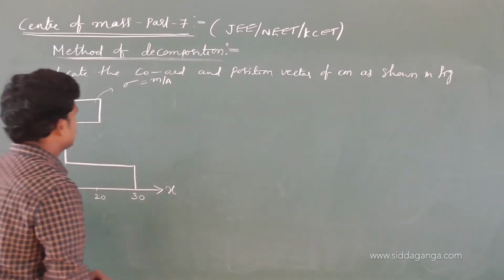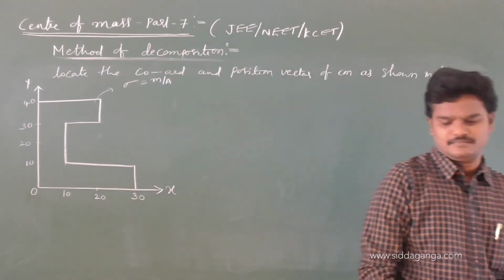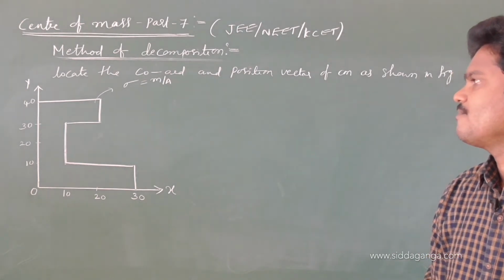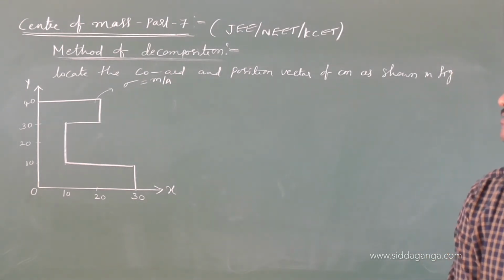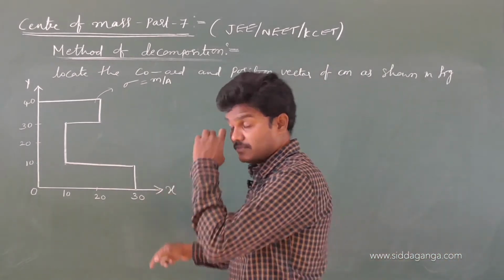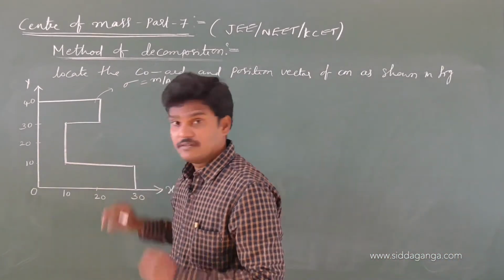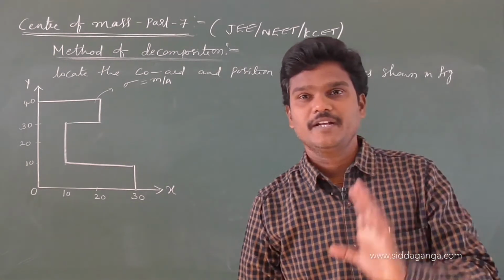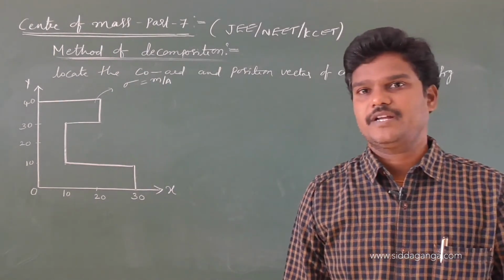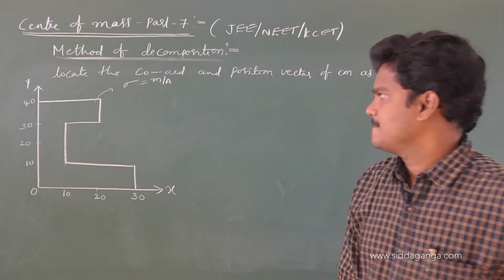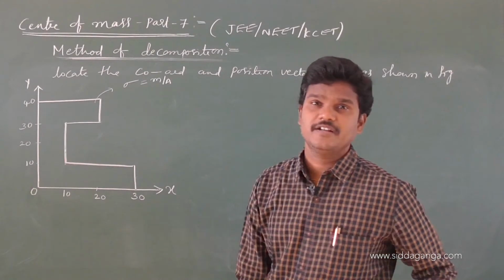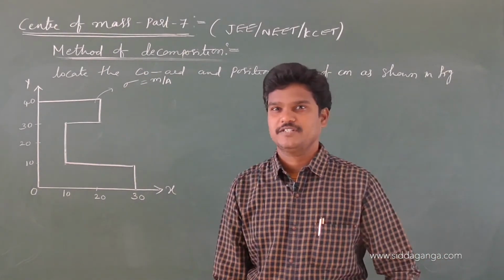They may give an E-shaped thing, or one more body here, they can give anything. And sigma is the areal density, nothing but mass per unit area. There are three types of densities: linear density, areal density and volumetric density.